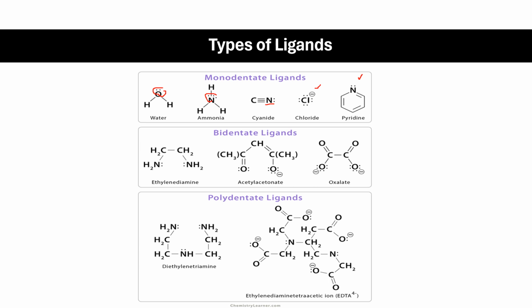Well, for the bidentate, this is the first ligand attachment and the other ligand is attached to another CH2 molecule here. So we have two attachments, so it's a bidentate ligand. So that's how we classify ligands in terms of the number of attachments.